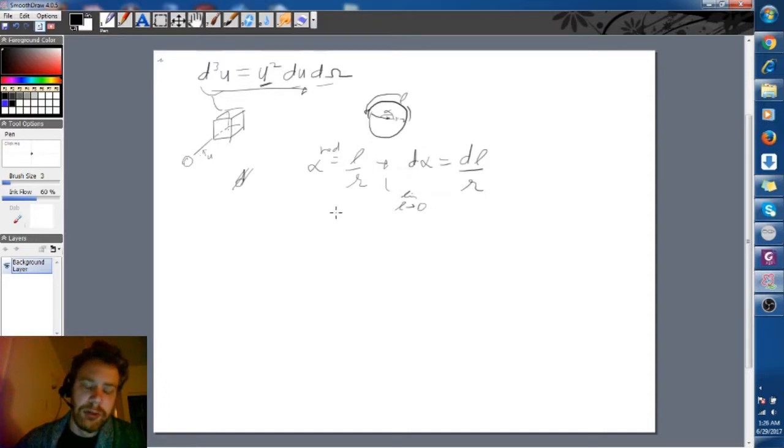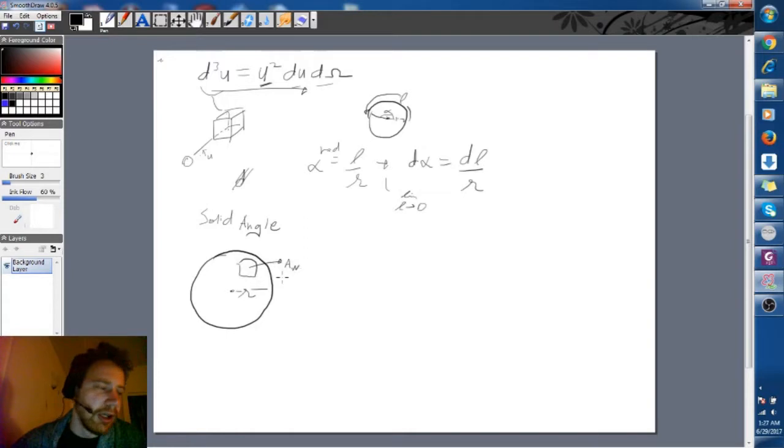The two-dimensional, or maybe you can call it three-dimensional, counterpart to this is the notion of the solid angle. And the solid angle is, if we were to have our sphere of some radius r, and some sort of area subtended on it, area a sub n, for the area normal to the sphere.